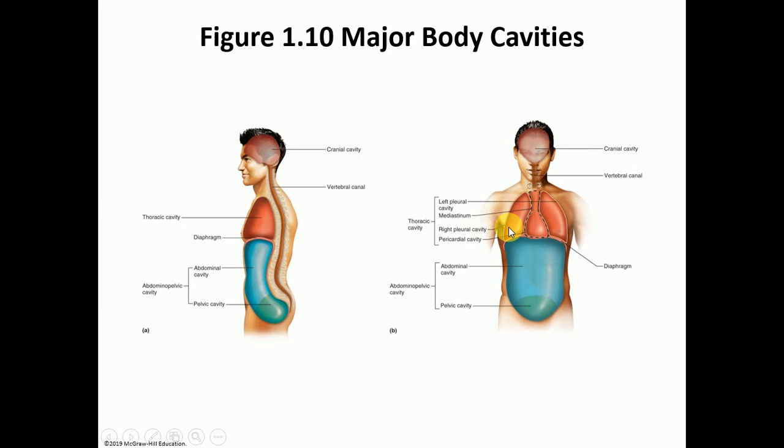Okay, so their right and left is going to be crisscross of your right and left. And then in the middle, that is the mediastinal cavity, where part of it is the pericardial cavity. Pericardial, peri means around, cardium means heart. So the pericardial cavity is the cavity that houses or surrounds the heart.